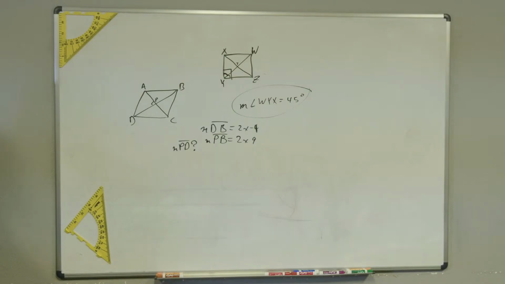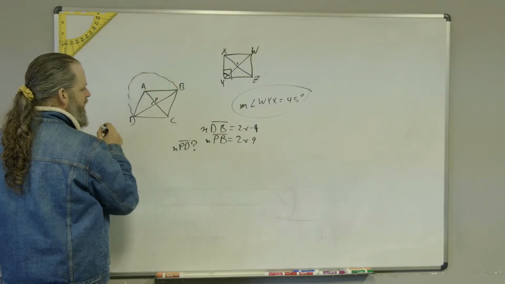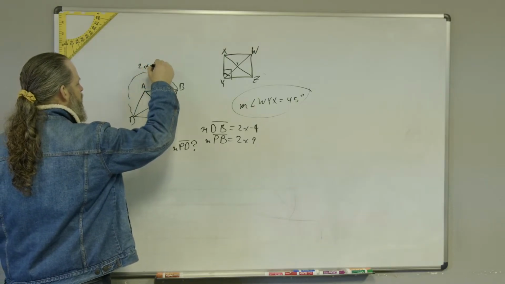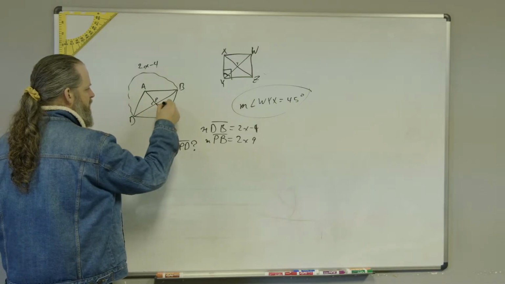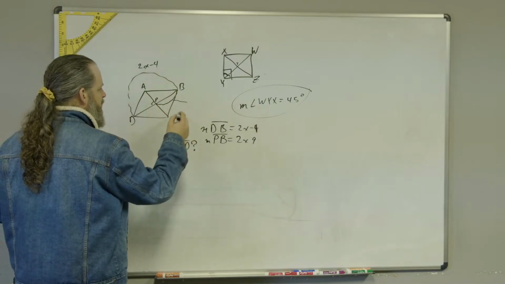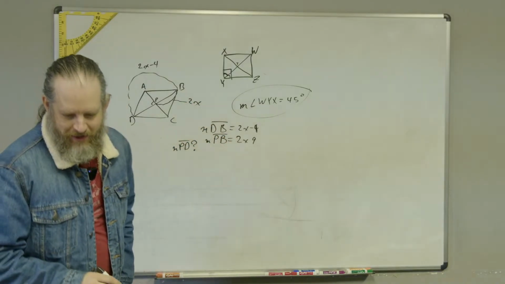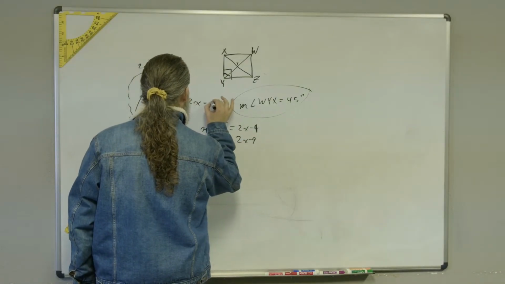Okay, so DB is right here. So this big thing is 2x minus 4. PB is this one, and it's 2x minus 9.